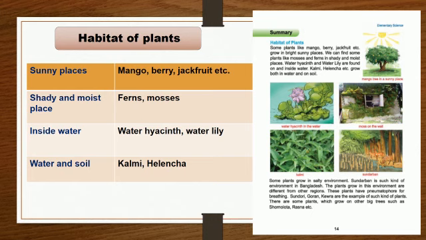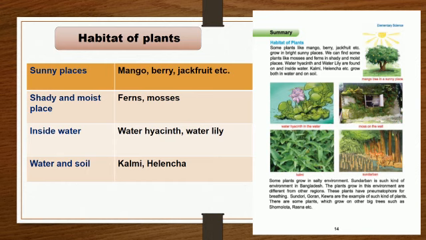Habitat of plants. This page tells about which plants live in which places. Here I have made a list or table for you where you can find which plants live in which place. So let's have a look at this table.